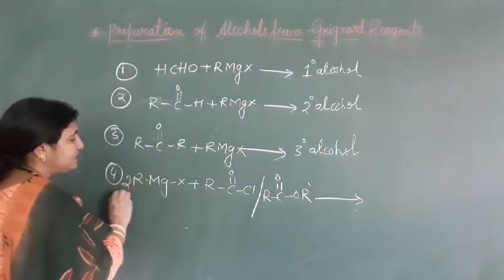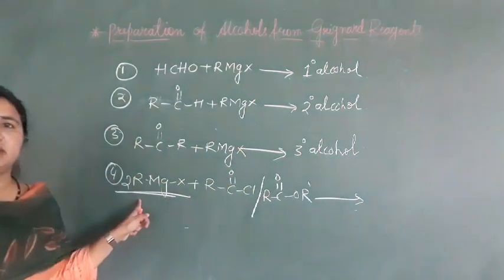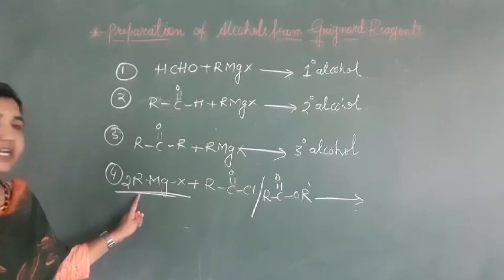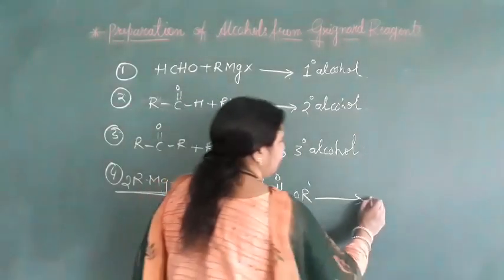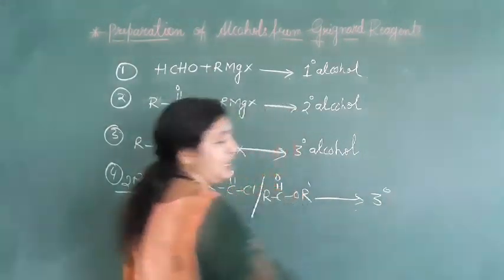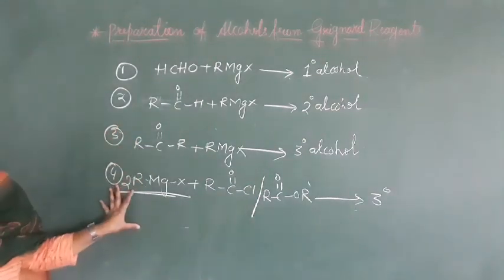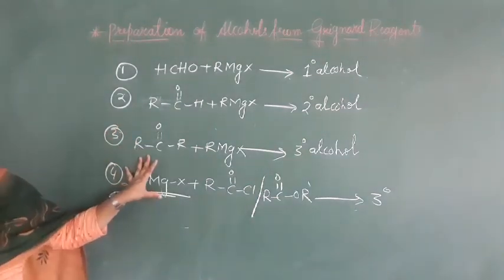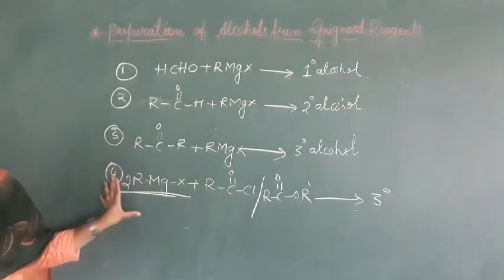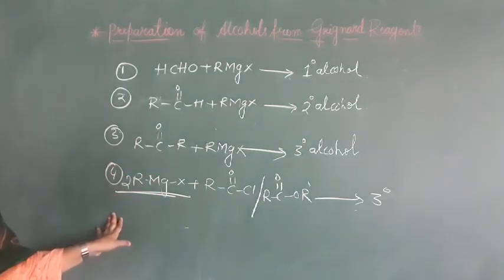We need 2 moles of Grignard reagent here. So these are the key points for the preparation of alcohols. For competitive exams, you have to remember these points. Please note this down.